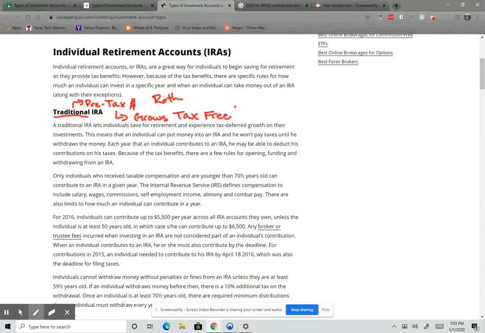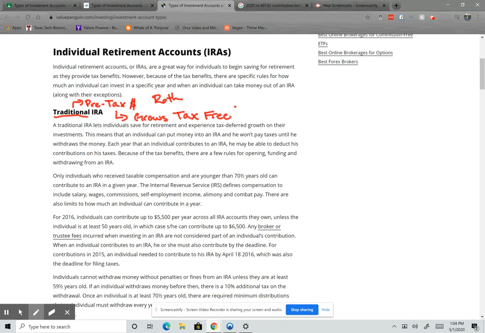Okay, so that's a big benefit. The fact that the money grows tax-free is huge, because if you had to pay taxes on the money every year, your growth is going to be diminished a little bit because you're having to take some out to pay those taxes. But the fact that it can grow tax-free, that's huge, huge, huge, okay?